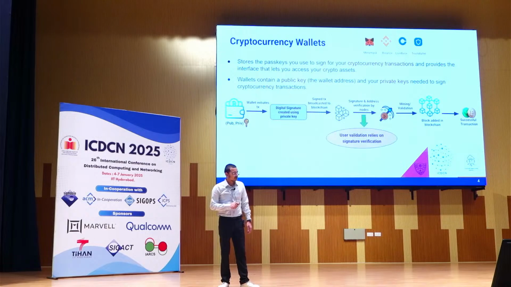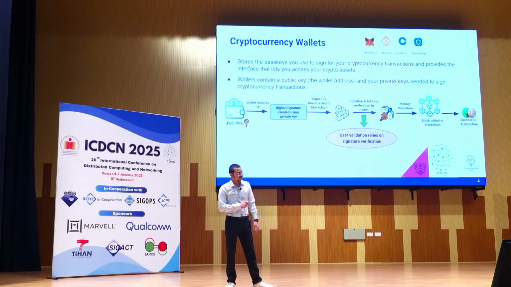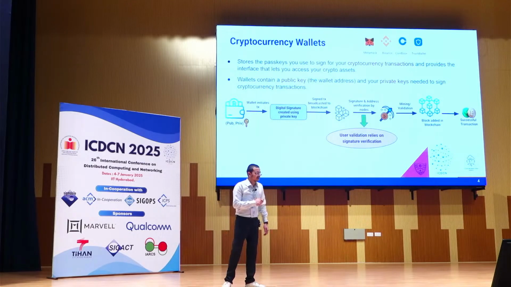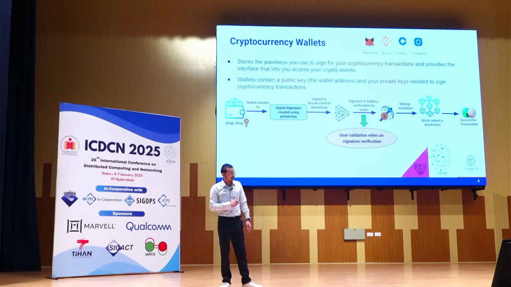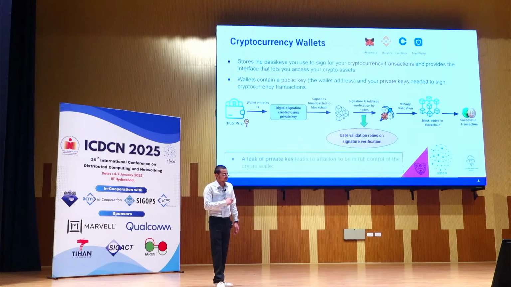Now note that in this entire process, the signature validation and address verification are done by the blockchain nodes, and the user who initiated the transaction is validated through signature verification only. So the user validation relies on that signature verification.